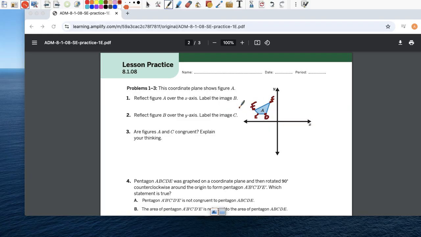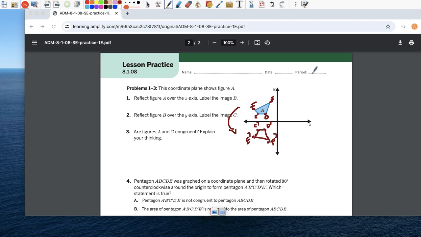Over the x-axis, so we're going this way. So here's point C, as best as I can. That's point C prime. This is D prime. This is E prime. And F prime would be around here. So C prime, D prime, E prime, F prime. Hopefully I did this correctly.